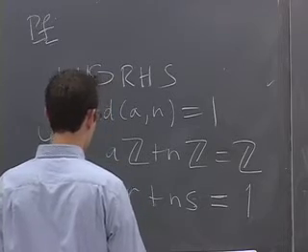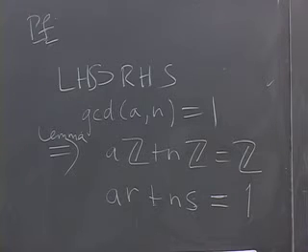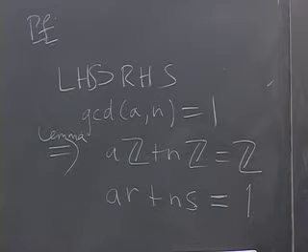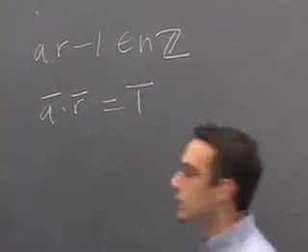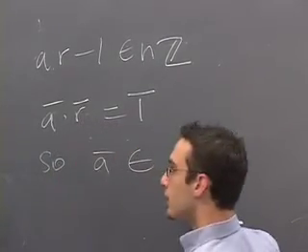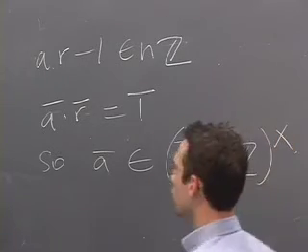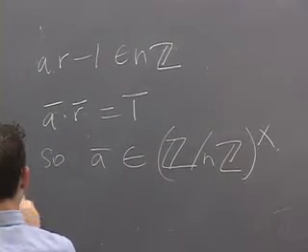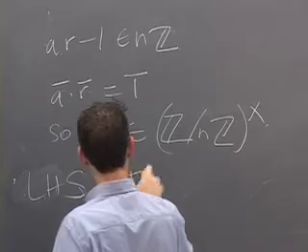So why is this significant? Well, this tells us that ar minus 1 is in nZ, or put another way, a-bar r-bar is 1-bar. So a-bar is certainly in (Z/nZ)*. Now, the converse is very, very similar. So left-hand side contained in right-hand side.